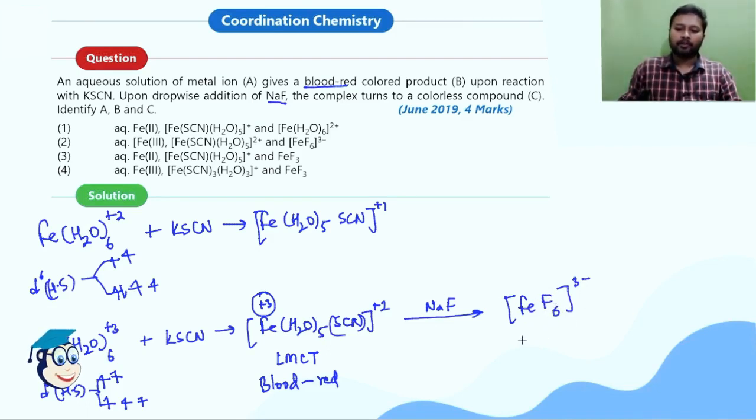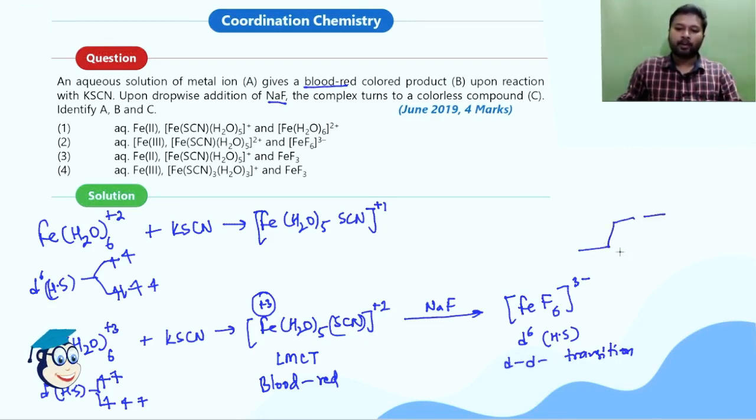So here if you look, it again came out to be a d5 high spin complex, and now again there is no LMCT, nothing possible over here because ligand is not a pi donor ligand. So what is possible now is d-d transition. And this d-d transition will be spin forbidden, right?